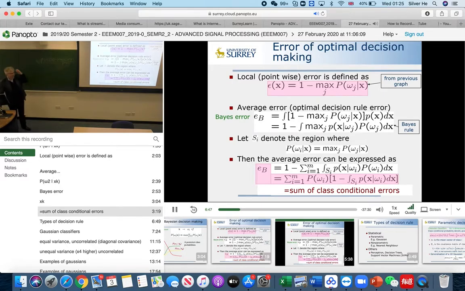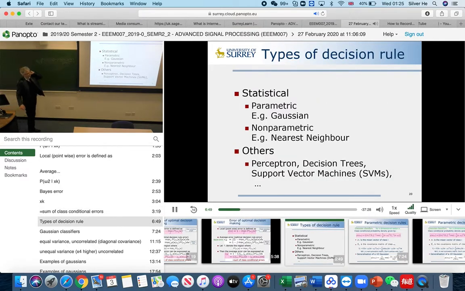Okay, so up to this point, we've been talking about general rules. Now we're going to make it concrete by starting to talk about the Gaussian or normal distribution. We'll also mention some others like k-nearest neighbor in a couple of weeks' time, and some other decision machines that you may come across later on. Some of you may have come across support vector machines, neural networks.